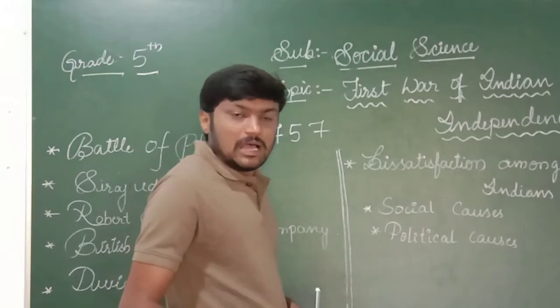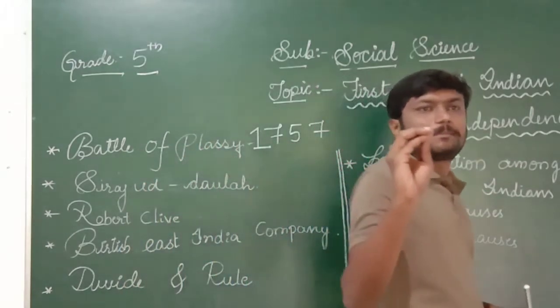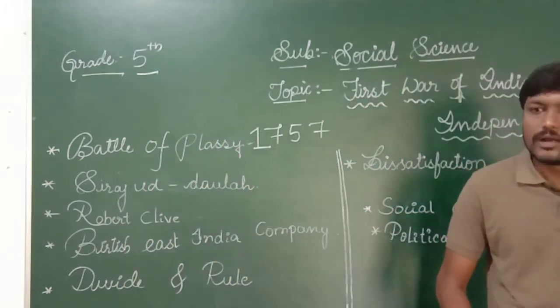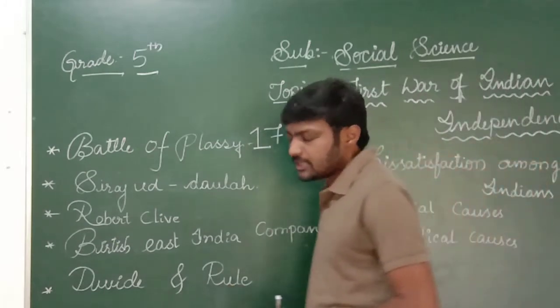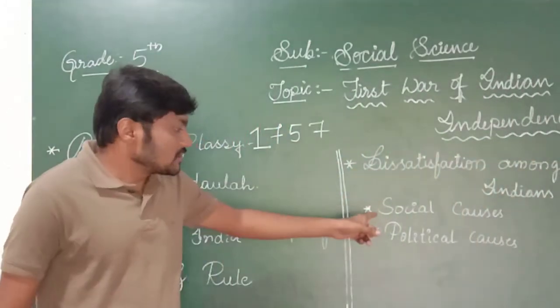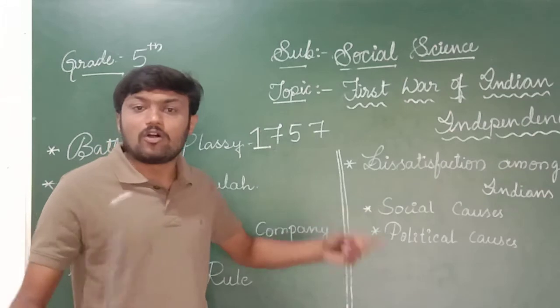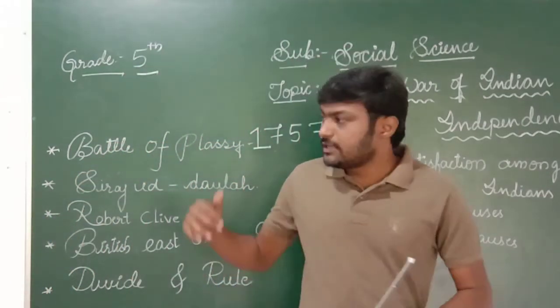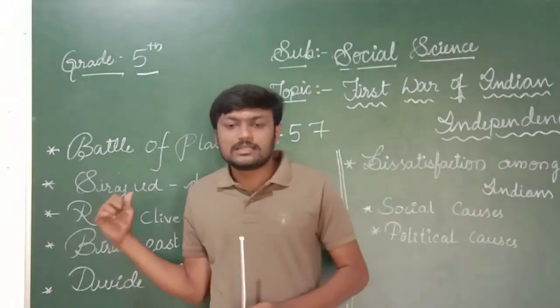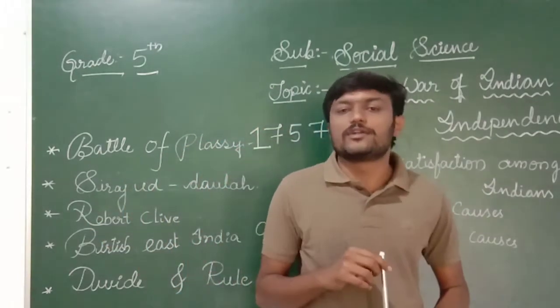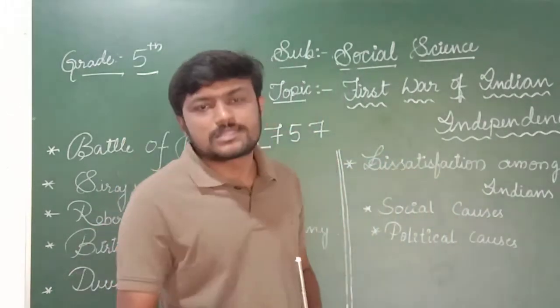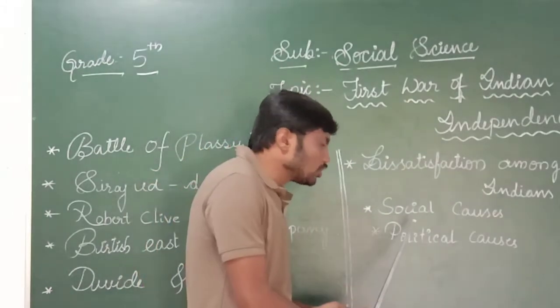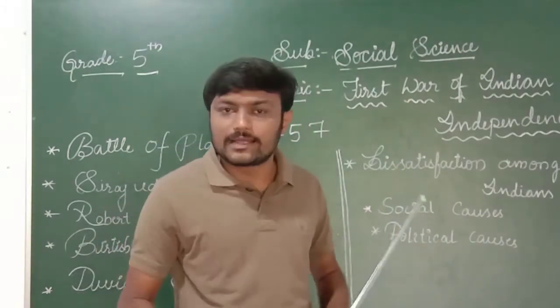Why? Because the British were majorly people who came to India just for the purpose of business. They started their business by getting cotton and some very important spices from our nation. So when they took control of our nation, they forced the farmers of India to grow cotton on a large scale.